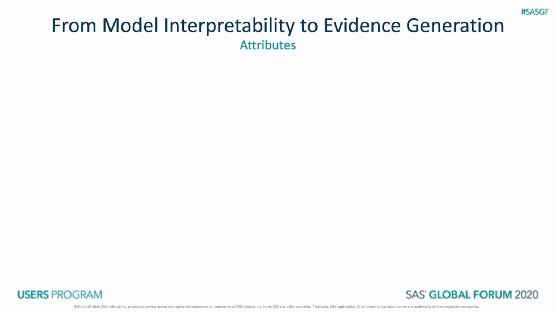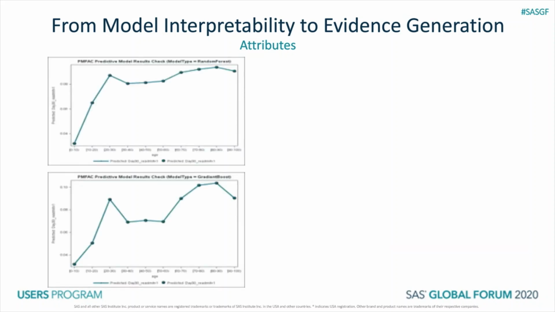Why is model interpretability important? Because our ability to interpret black box models is important for trust, transparency, and fairness. If we look at these two plots, what we see are the effect of age on probability of 30-day readmission, modeled by random forest and gradient boost.